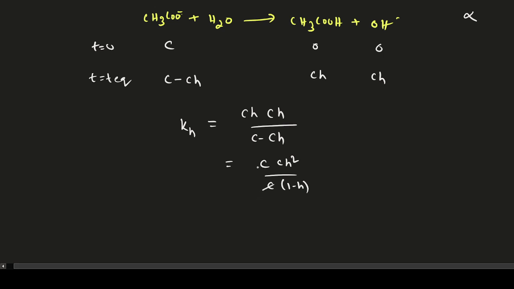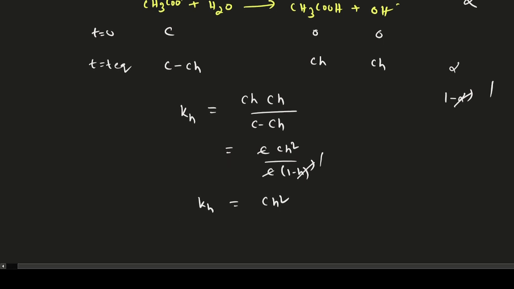So this becomes C h square over C (1 minus h). Here this hydrolysis degree h is very less compared to 1 minus h, so we consider 1 minus h as 1. So Kh equal to C h square.